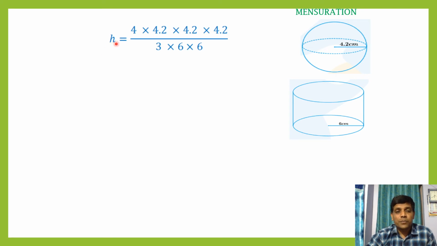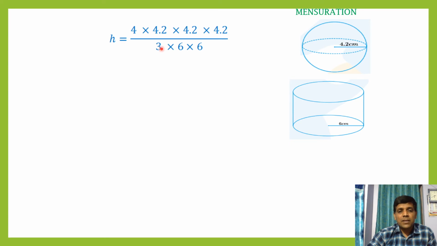h = 4 × r1³ = 4.2 × 4.2 × 4.2 / (3 r²), where r2 represents the radius of the cylinder, 6 × 6.